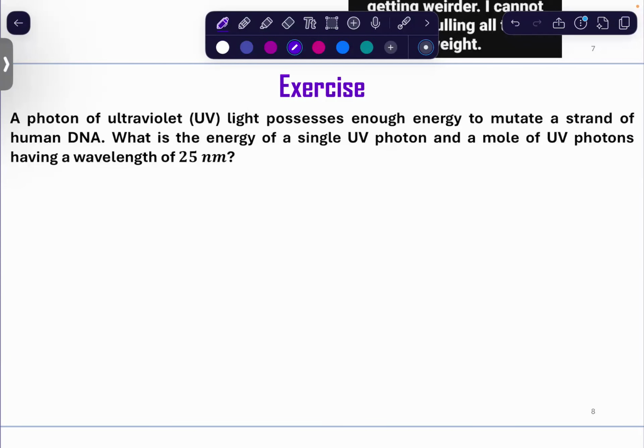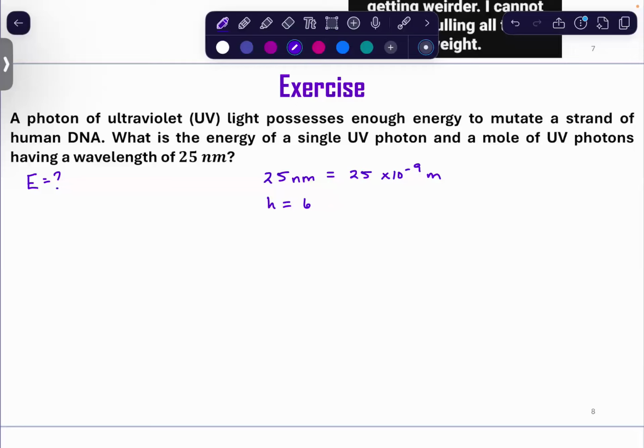So let's see. What are we being asked for? What is the energy of a single UV photon? Okay, so how's 25 nanometers going to break down? That's going to be 25 times 10 to the negative ninth meters.